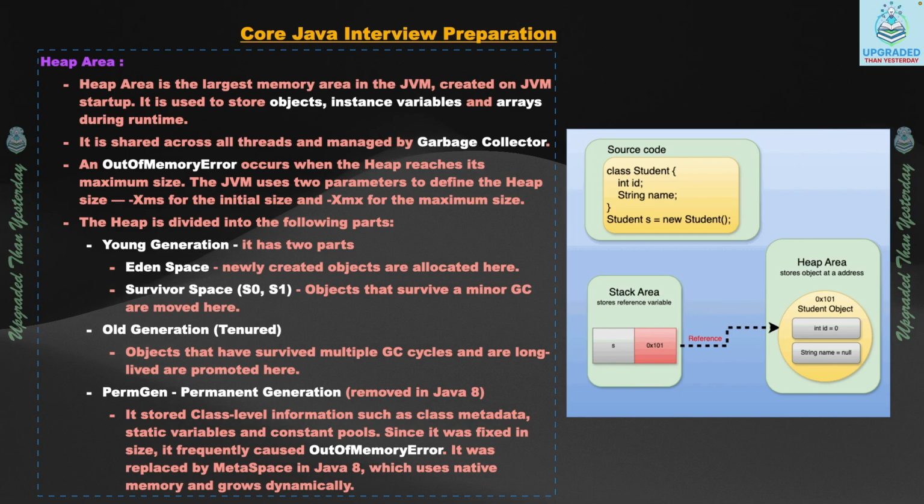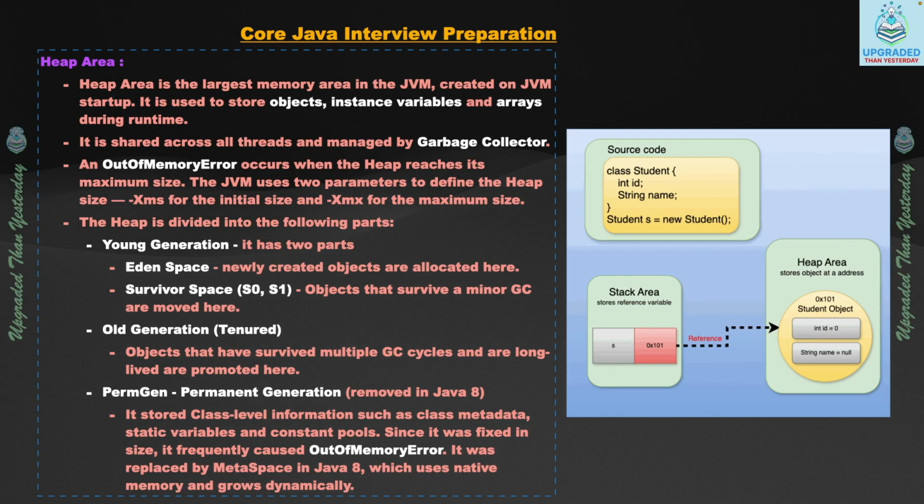The size of the heap is not strictly fixed. The JVM uses two parameters to define its size: -Xms for initial size and -Xmx for maximum size. The garbage collector runs on the heap area and checks for objects that are eligible for removal so that it can free up some space.